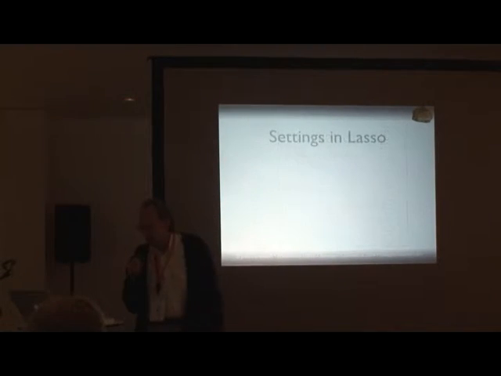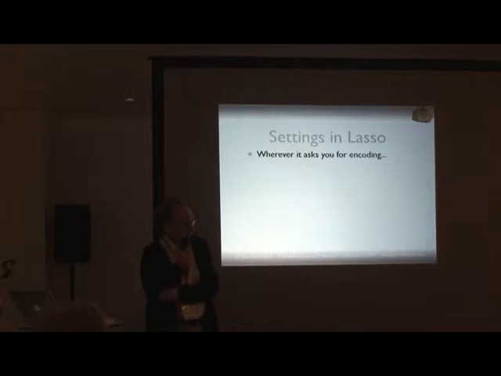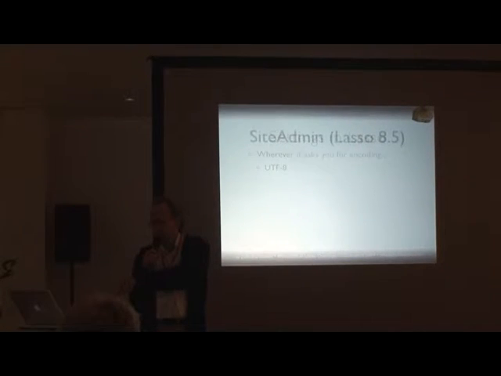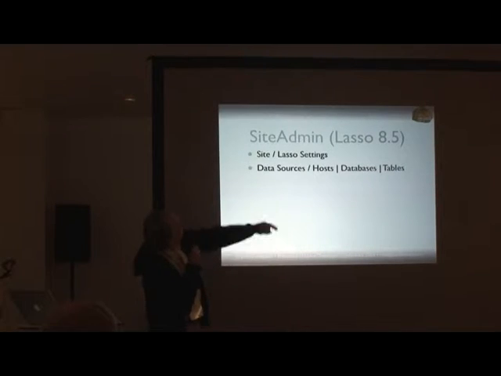When it comes to settings in Lasso, it's simple again, because wherever it's asking you what encoding you want, the answer is easy: UTF-8. For 8.5, you can find these settings here and here. Those are places you should look.